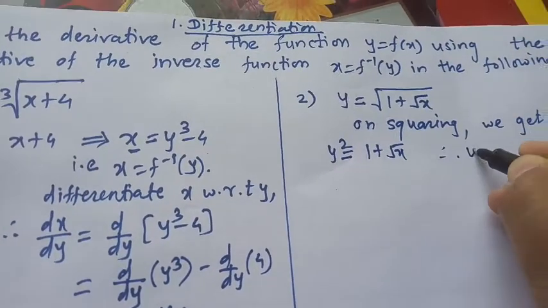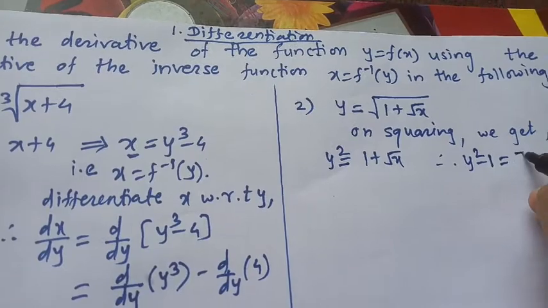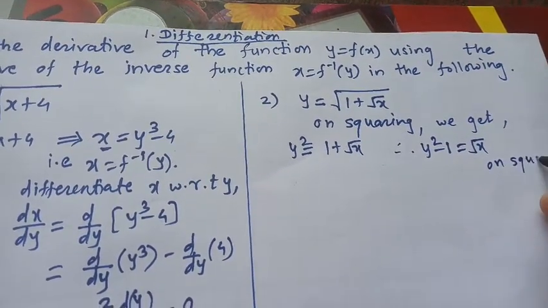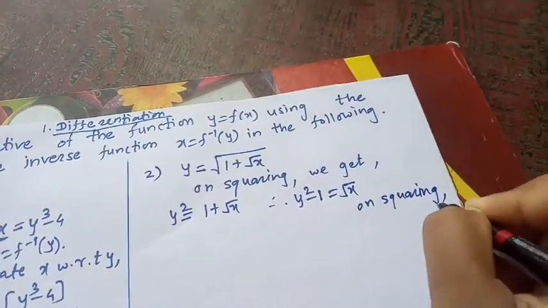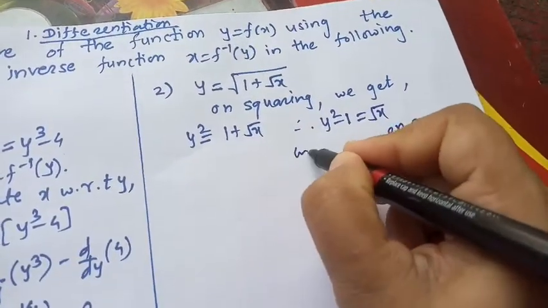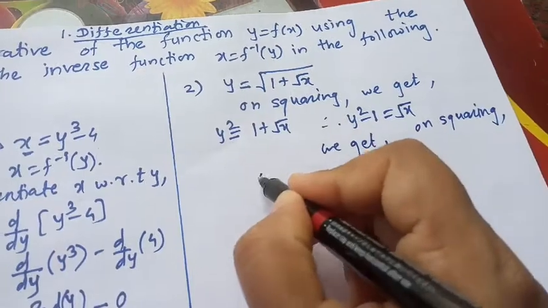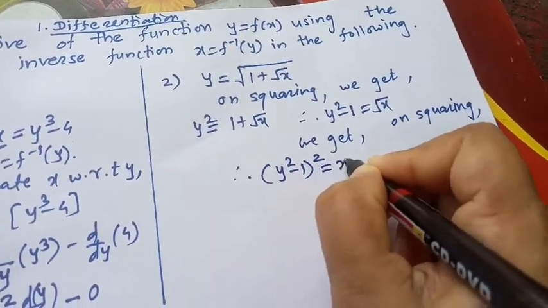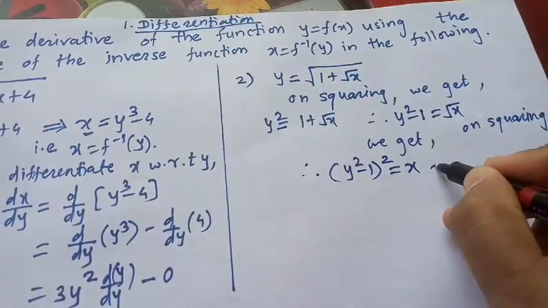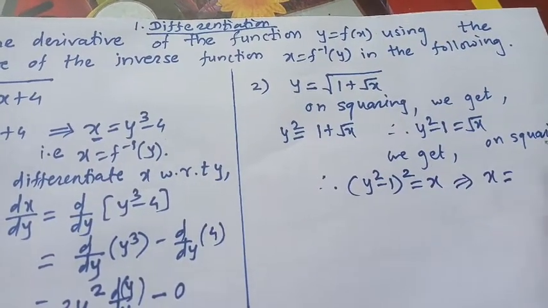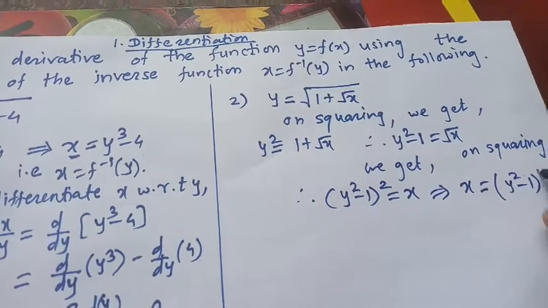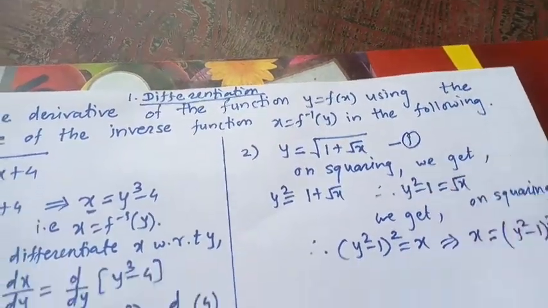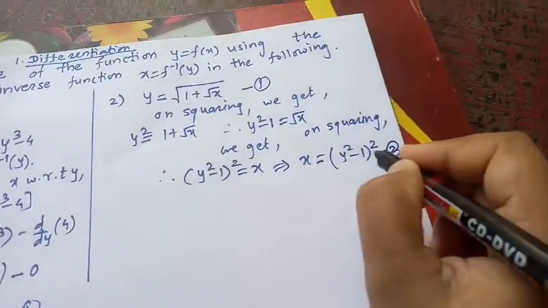Therefore y square minus 1 is equal to root x. Again on squaring we get y square minus 1 bracket square is equal to x, that is we can say x is equal to y square minus 1 bracket square. For this we can say equation number 1, and for this we can say equation number 2.